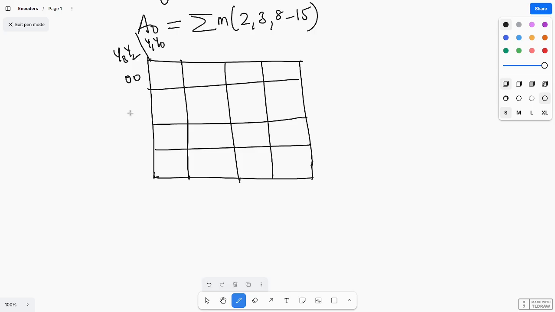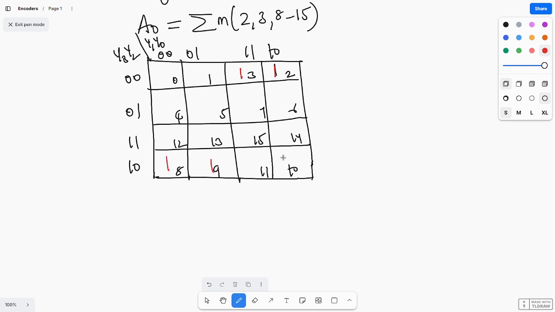Okay, 0 0 0 1 1 0 1 1 0 0 0 1 1 0 1 1. Okay, 0 1 2 3, next 4 5 6 7 8 9 10 11 12 13 14 15. So those min terms you write. Okay, 2 3, and from 8 9 10 11 12 13 14 15.